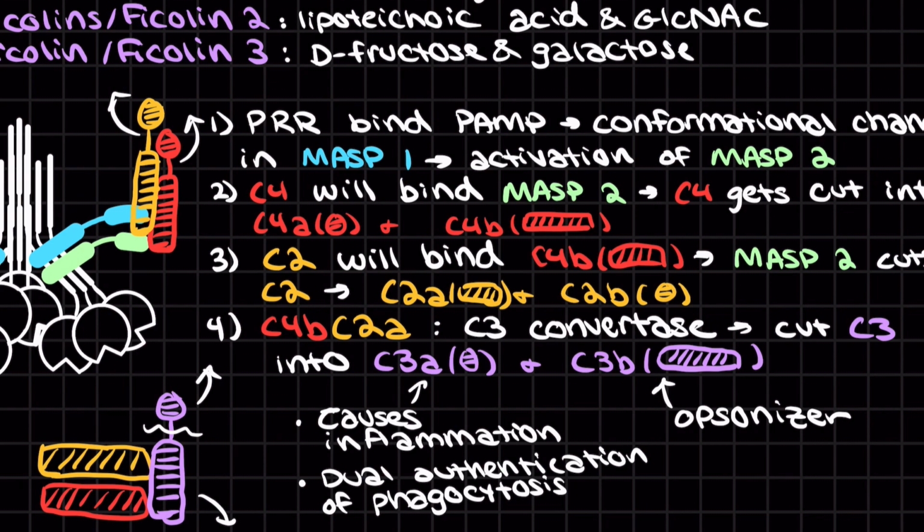And it goes to make sure that whatever is being phagocytosed is meant to actually be phagocytosed. We don't want the host cells accidentally being eaten because C3b sticks to the surface. We want to make sure that the phagocytosis events are deliberate and meaningful, and so we need another signal to confirm that. And that's what C3a does. It makes sure that what we're actually devouring is what we want to devour.